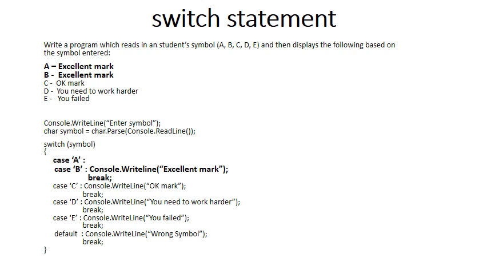So in this case, I've changed the program to say if the user enters either an A or a B, I want excellent mark to be printed. So in the switch statement, I say case A and I don't say anything, and then it's followed by case B, which says excellent mark. So because case A is empty, it now falls through to B and prints excellent mark.